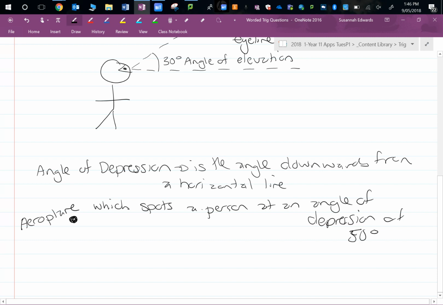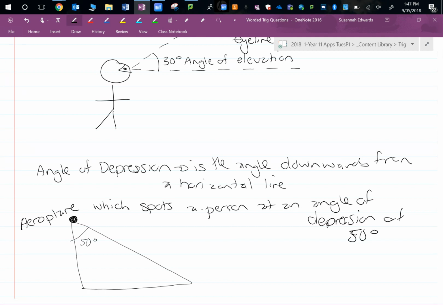Now, what ends up happening a lot of the time, can you not draw this? Can everyone just put their eyes up for a second though? People want to make a triangle, and we're going to end up making a triangle like this, and they go, this here is 50 degrees. Why is that incorrect?